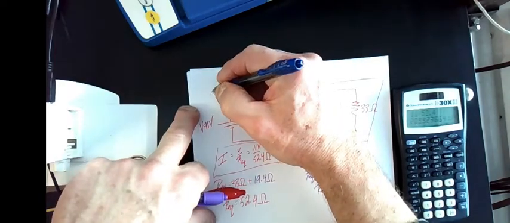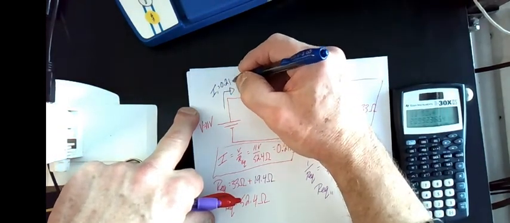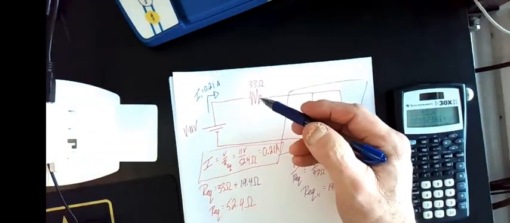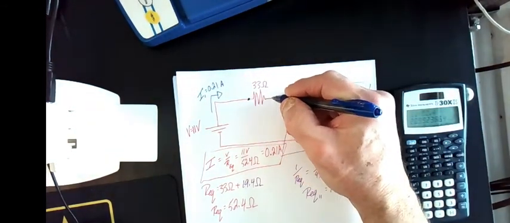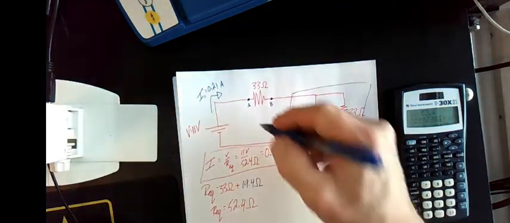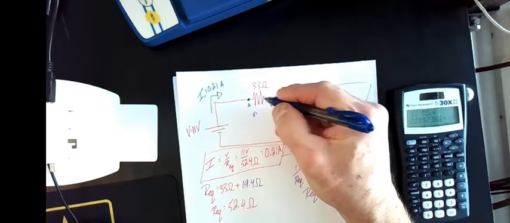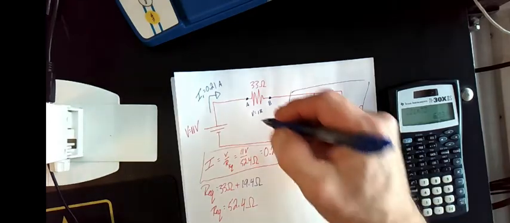So here comes I1. I1 is the full current, 0.21 amps. That current goes through the 33 ohm resistor, so the voltage drop from A to B across the 33 ohm resistor, if you put a voltmeter there, should read V equals I times R, 0.21 times 33, which is 6.93.